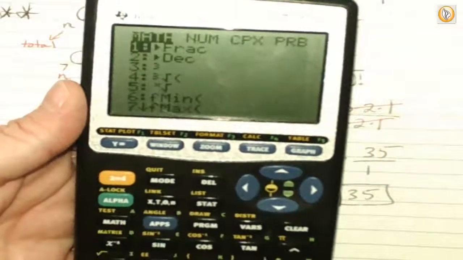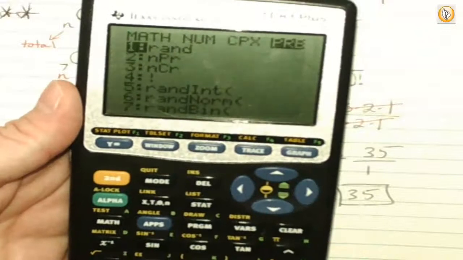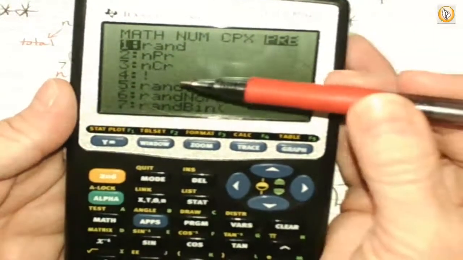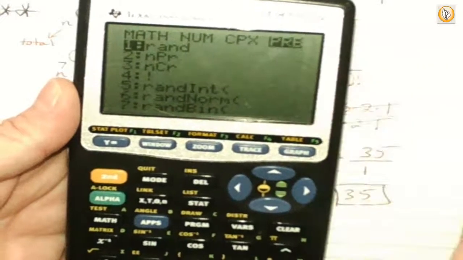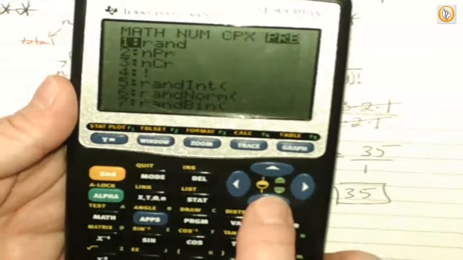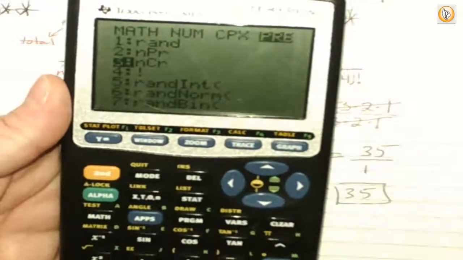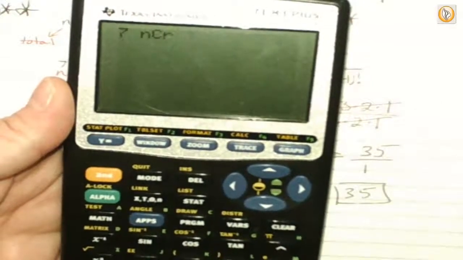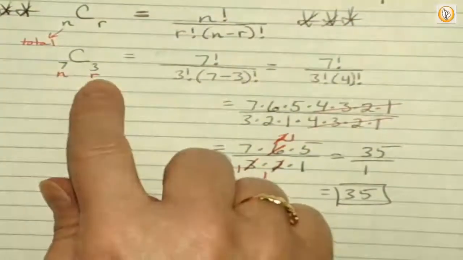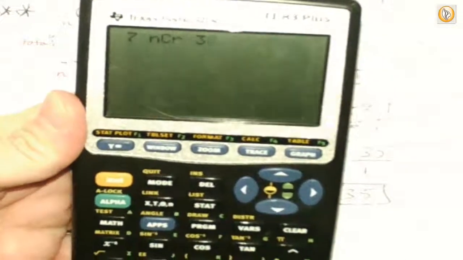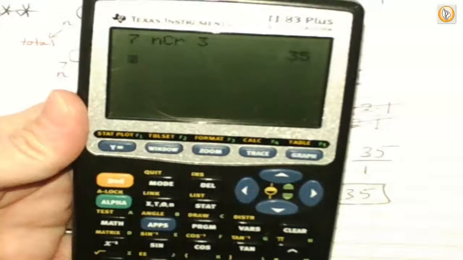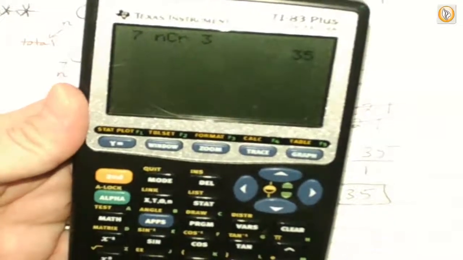I go to math, and look, do you see number 3 is the combination one? So all you do is press 3, or you can go down, hit enter, and then I put in my R, 3. Hit enter, and you get 35. So it's just like yesterday.